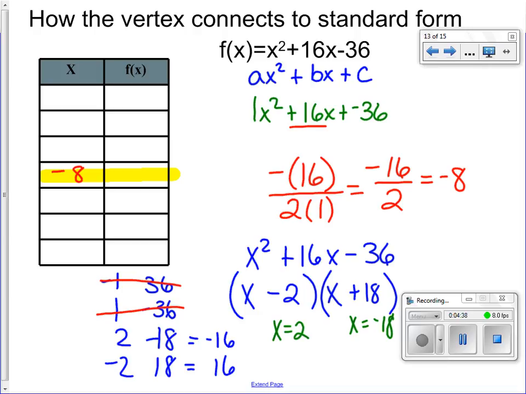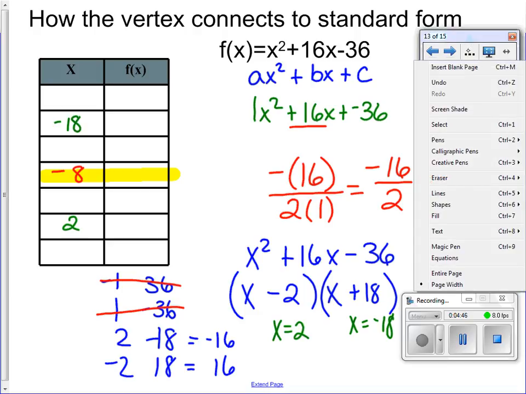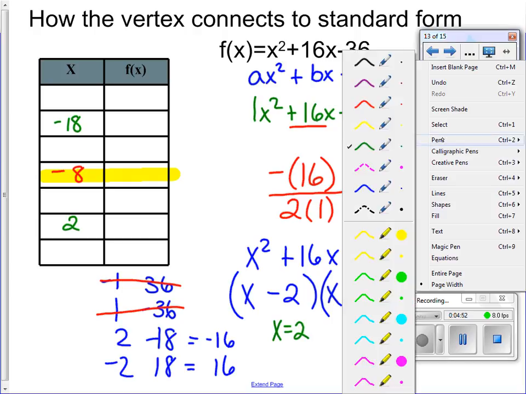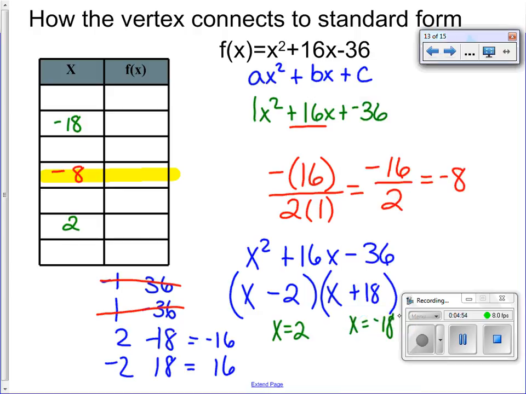So let's see, let's skip a space, we'll make that 2, skip a space and make that negative 18. And then those are also critical points. They're just nice to have. Do we necessarily need those particular ones to draw our graph? Not necessarily, but they're easy critical points to find. Okay?